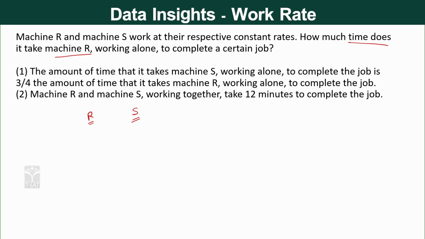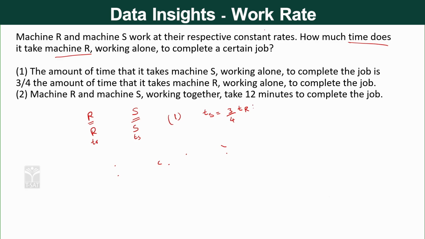Statement 1: let the rates be R and S for machines R and S respectively, and let the time taken be T_R for machine R and T_S for machine S. The statement is telling us that the amount of time it takes machine S working alone to complete the job is 3/4 the time that it takes machine R working alone to complete the job.